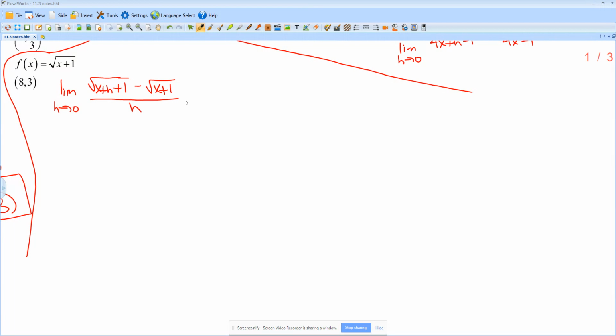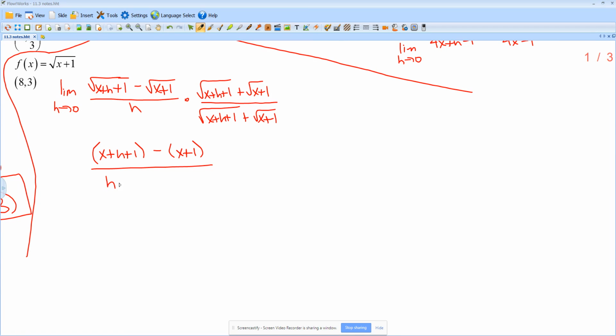I need to solve this by rationalizing. So I multiply by the conjugate, square root of (x plus h plus 1) plus square root of (x plus 1), over square root of (x plus h plus 1) plus square root of (x plus 1). That gives me x plus h plus 1 minus (x plus 1) over h times the quantity square root of (x plus h plus 1) plus square root of (x plus 1).